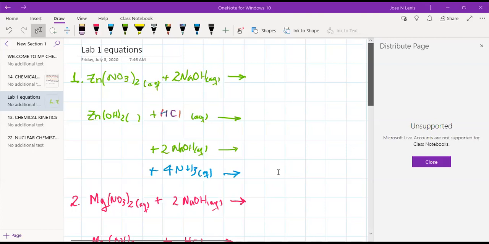Remember also that I was mentioning in the lab how important it is to recognize the position of these metals in the periodic table. According to their position in the periodic table, we can describe zinc as a transition metal.